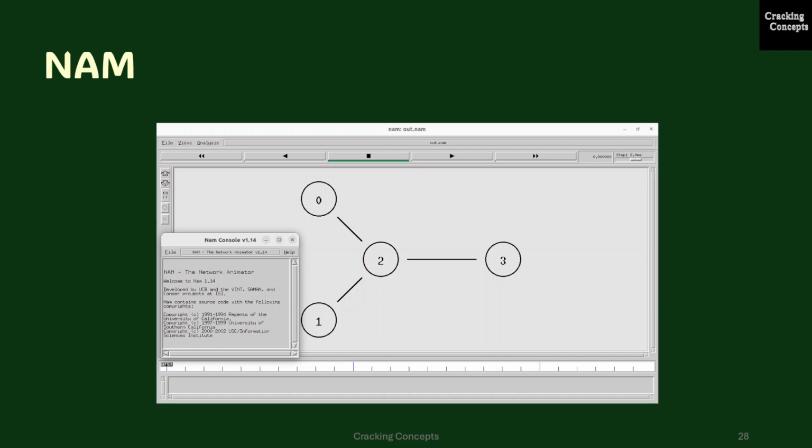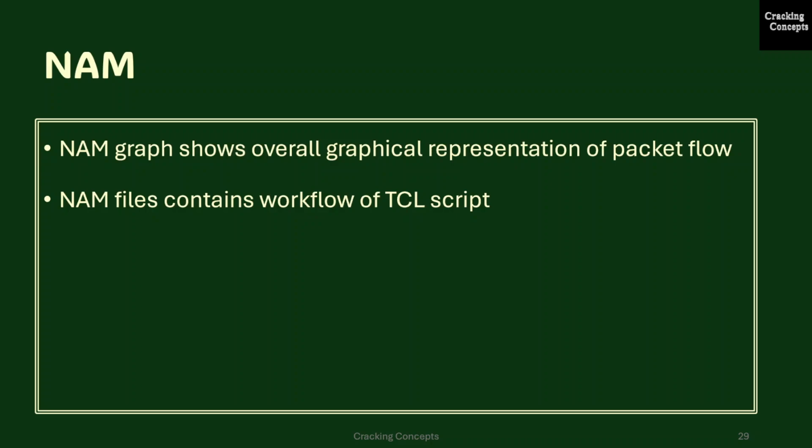This is how the NAM console looks like with the nodes and the links. Speed controls are available here. We'll see details of this in the demo portion. NAM graph shows the overall graphical representation of packet flow, that is, when the packets are received or dropped. NAM files contain the workflow of the TCL script.